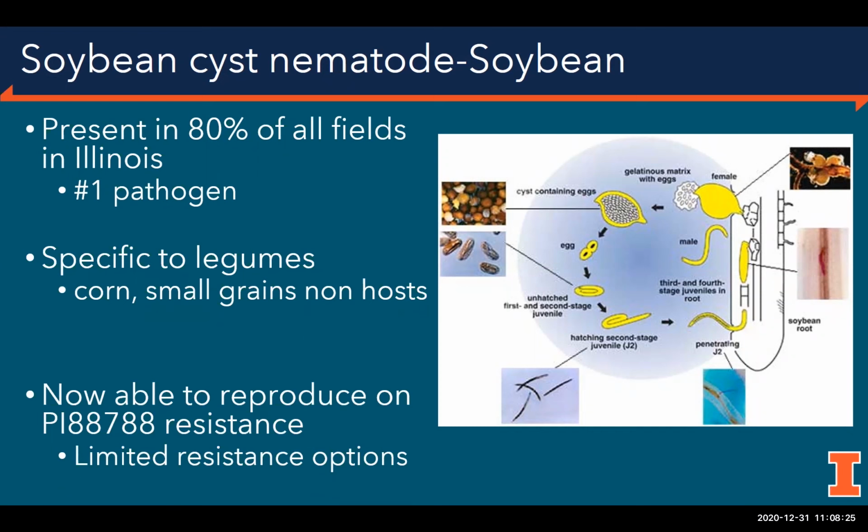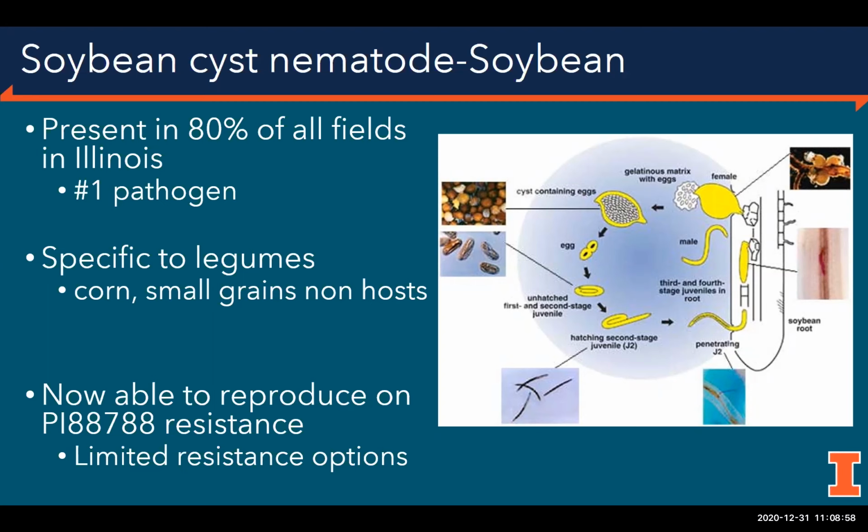And it's doing really well on our previously resistant soybean lines. So any of those, the most common resistance we have in our lines. And again, Dr. Greg Tylka at Iowa State has an awesome slide looking at all the available lines of resistance to SCN. And it's like 98, 99% of the available lines are going to be the PI 88788 source of resistance.